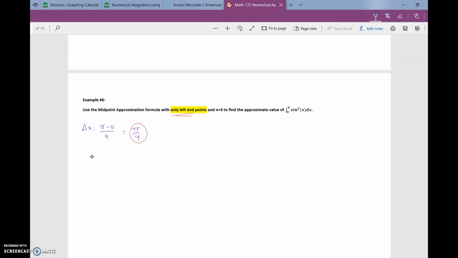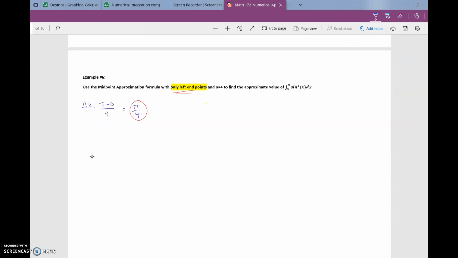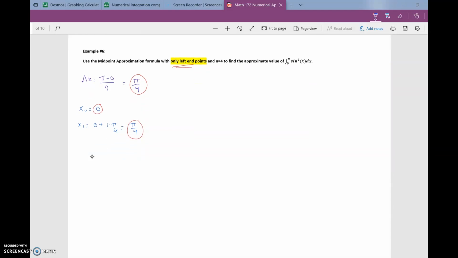Then we're just going to use the x of 0, which is going to be technically 0. Then x of 1 is equal to 0 plus 1 times pi over 4, or pi over 4. So that is 0, then pi over 4, then x of 2 is equal to 0 plus 2 times pi over 4, or pi over 2.